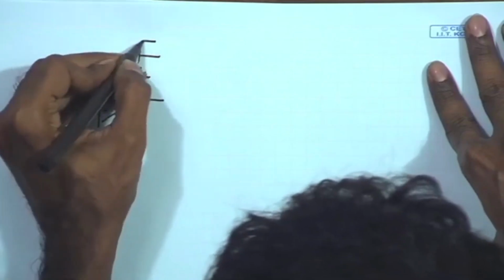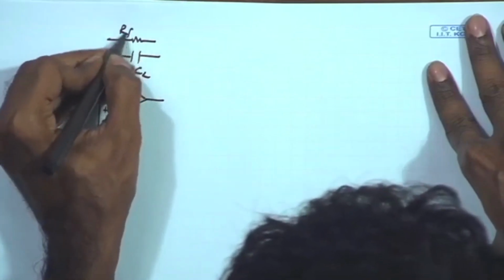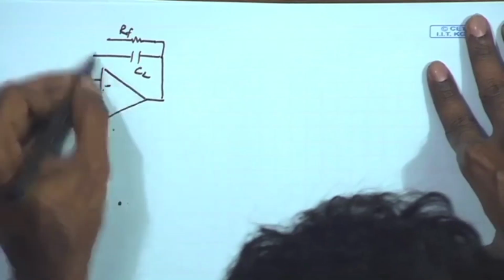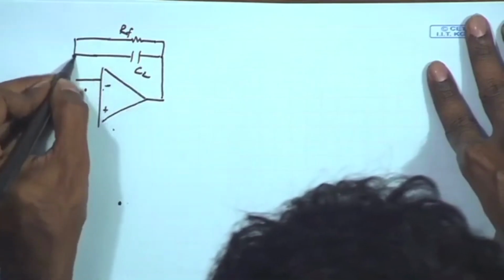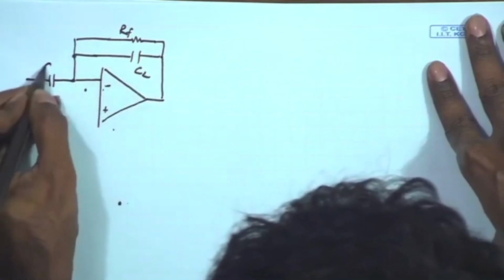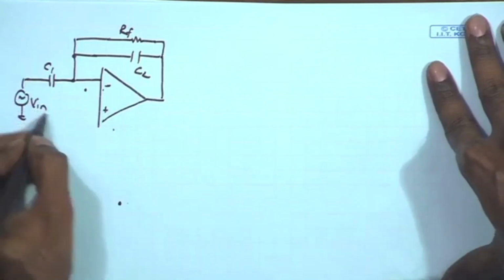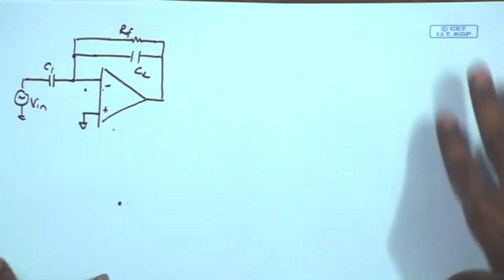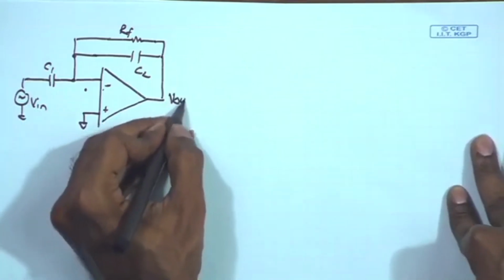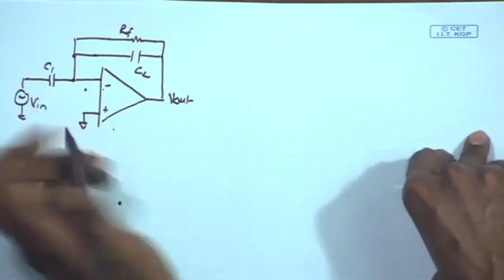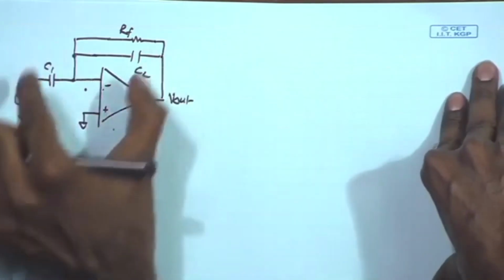Call it C2. So, this is the overall circuit, and here we know that overall response will be given by Z2 upon Z1.